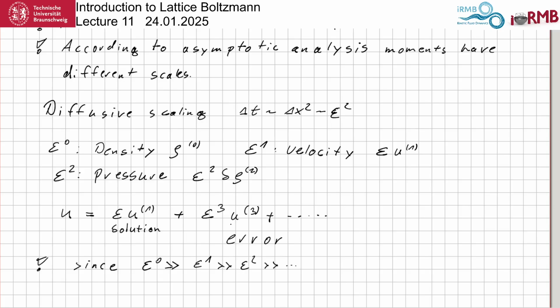So these different things have different sizes, or we say different scales. So the variables that we have to deal with are, we will say, scale separated. The one is much larger than the other.